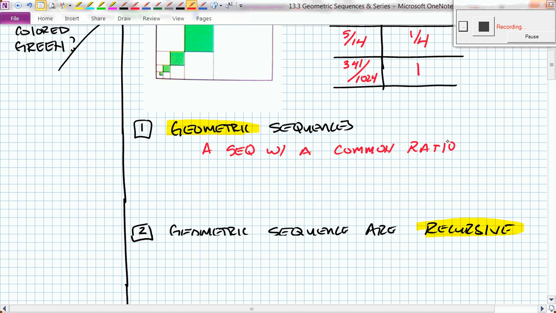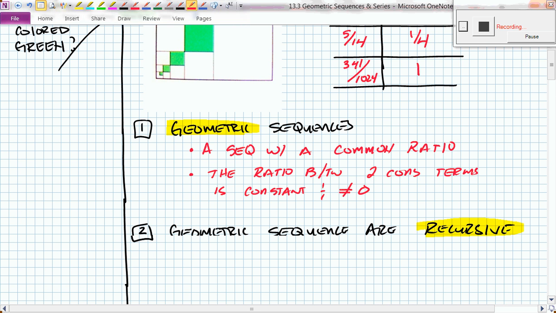So instead of arithmetic sequences, which were sequences with a common difference, here we have a sequence with a common ratio, okay? So a couple things though: the ratio between any two consecutive terms is constant. That's what having a ratio means, and it is not equal to 0.